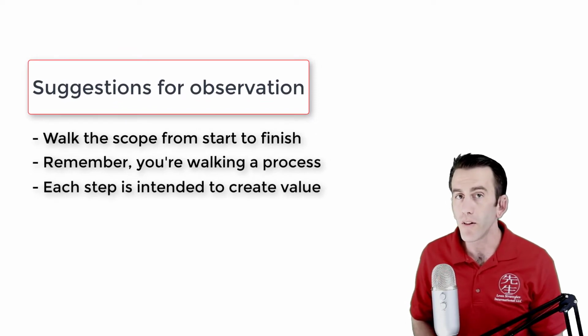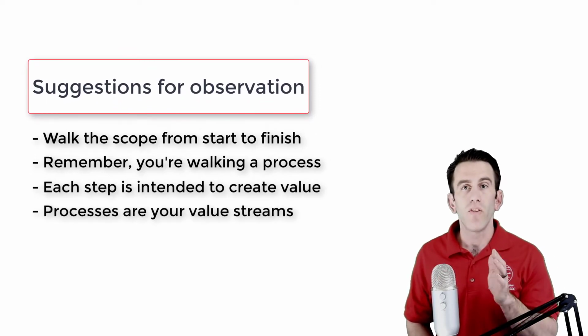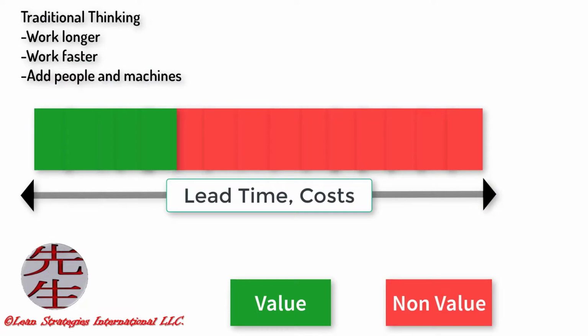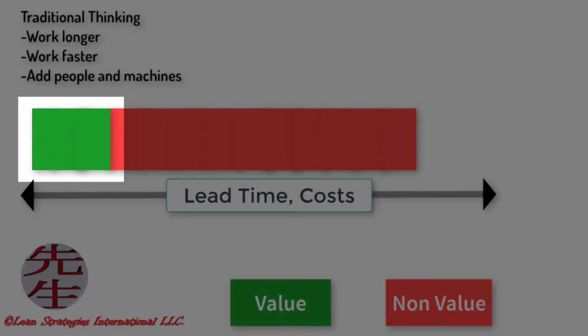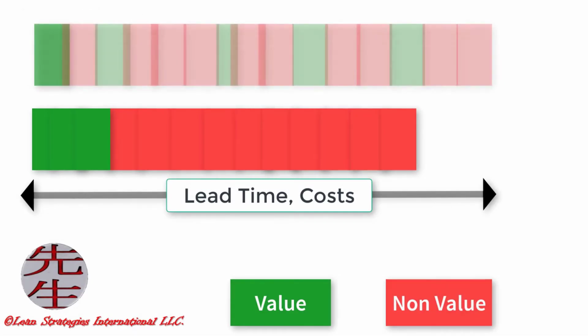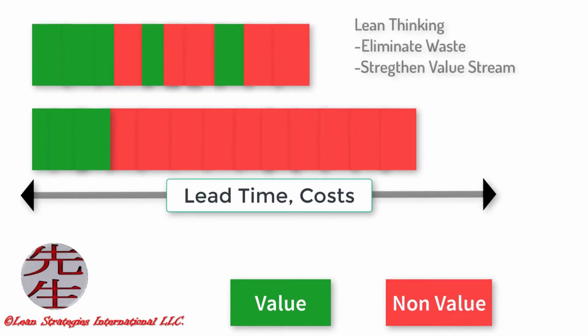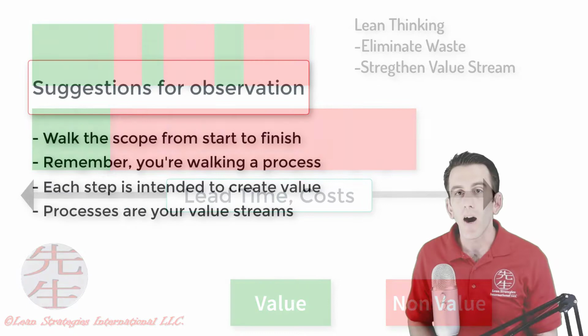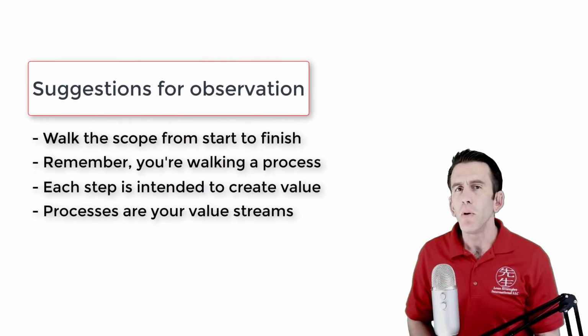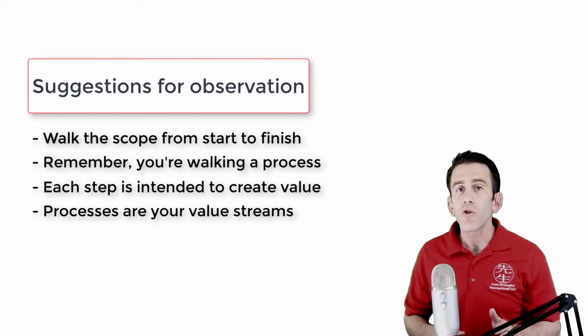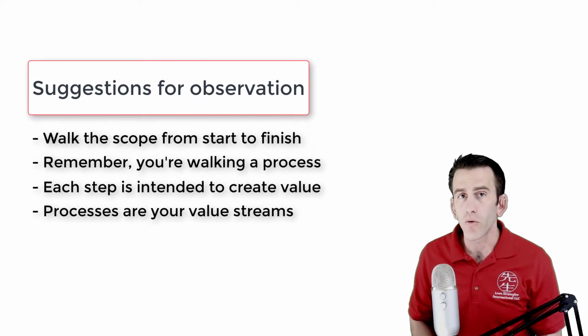We can refer to these processes as value streams. Some of the steps in the value stream add value and others do not. When we go and see the Gemba, we want to first walk and observe the entire value stream. Be sure that you watch each of the steps in the value stream.